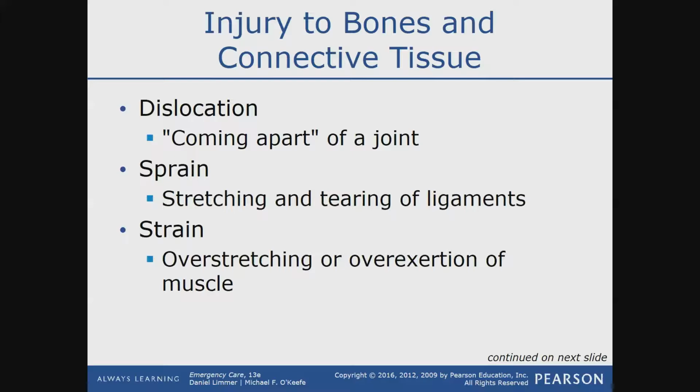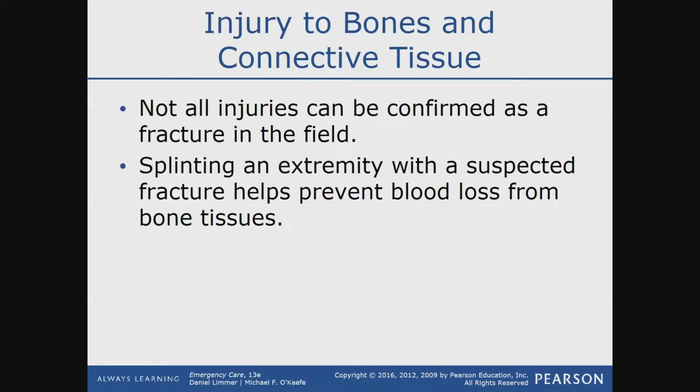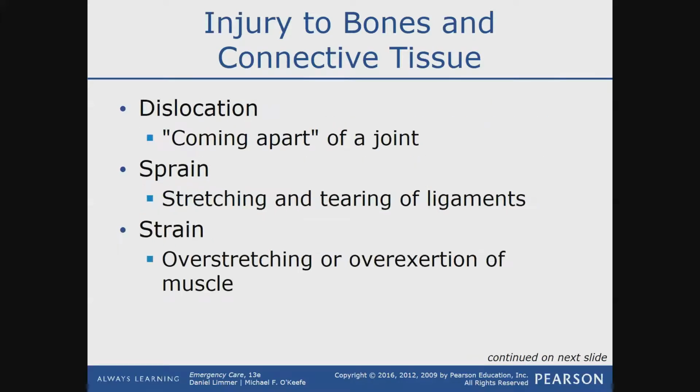Not as far as I know, unless it's on the next PowerPoint that I haven't seen, but no. But I guess a strain could be associated with tendons. Depending on how you were trained and the way you think, somebody could either take it as a muscle injury or a tendon injury. And it's just based off background and education. So yes or no is the answer to you. Gotcha.